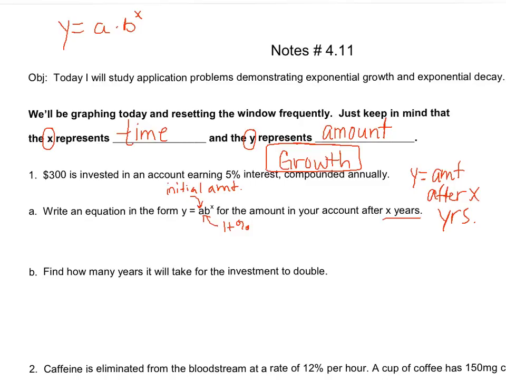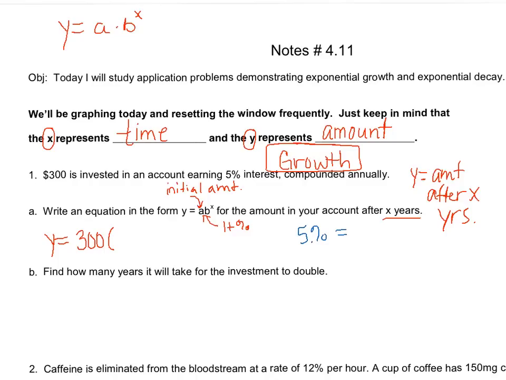So let's first write our equation. We are going to have y equals our a, which is our initial amount, is 300, so we're going to put in 300 times, now I'm going to use parentheses, 1 plus our percent. Okay, so let me change color for this so that you can see the difference. The percent is 5% interest. I need to convert that to a decimal.